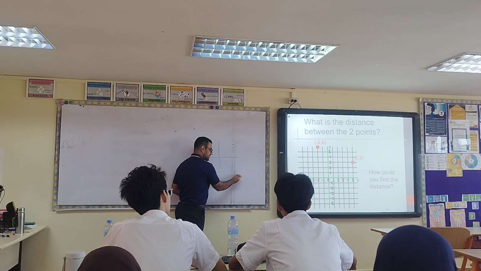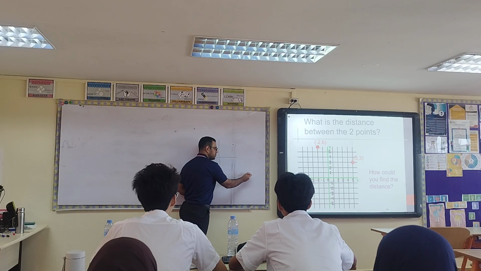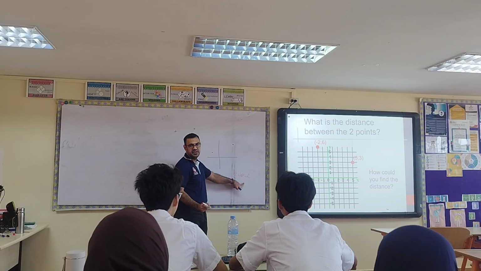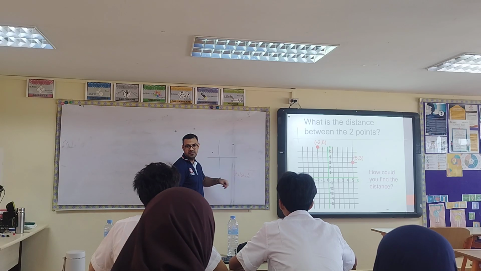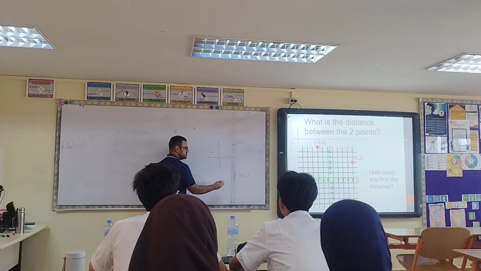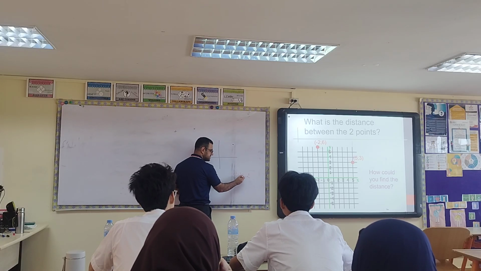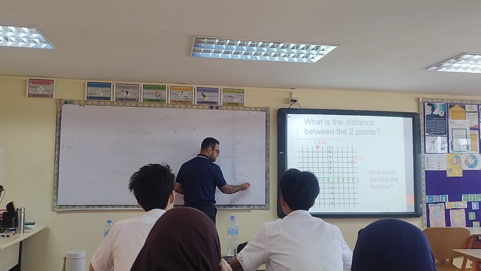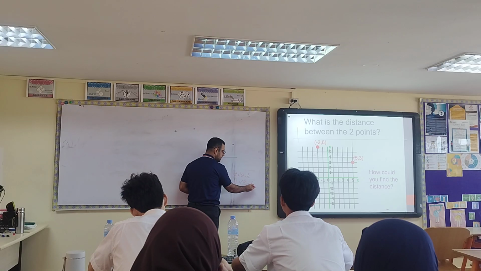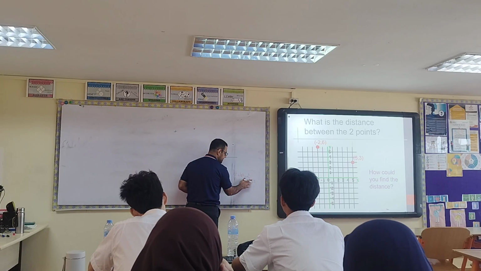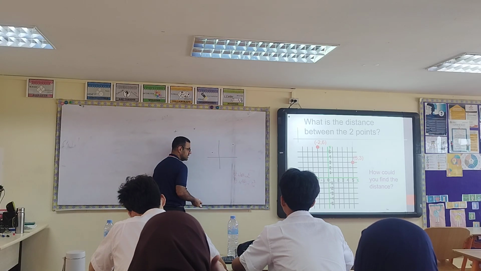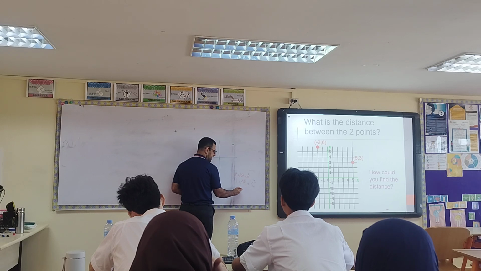A squared plus B squared will give me the C squared, which is the distance. So C squared here is the distance, right? Okay, so how much is A squared? 3 squared, or 9. B squared is 49, right? Equal to C squared. Okay, so plus them, we're gonna have 58 equal to C squared.